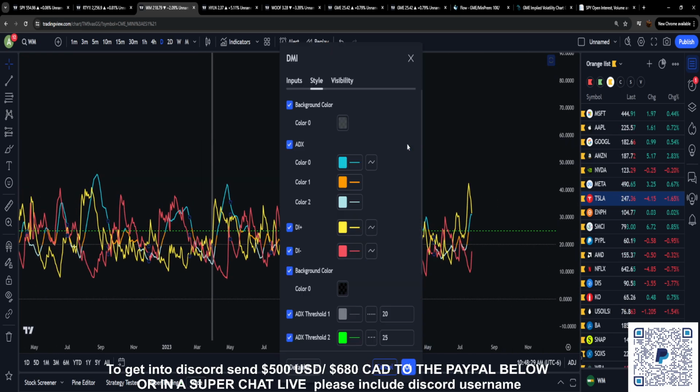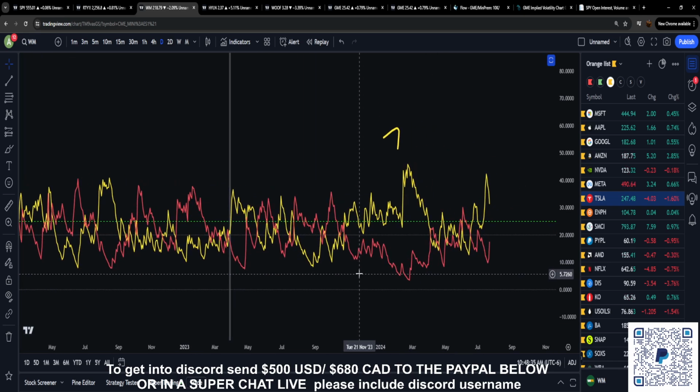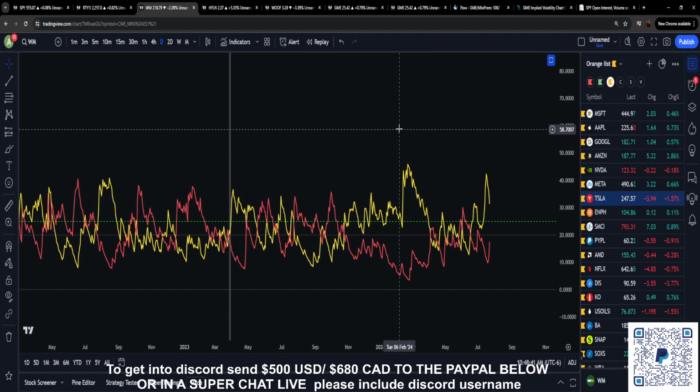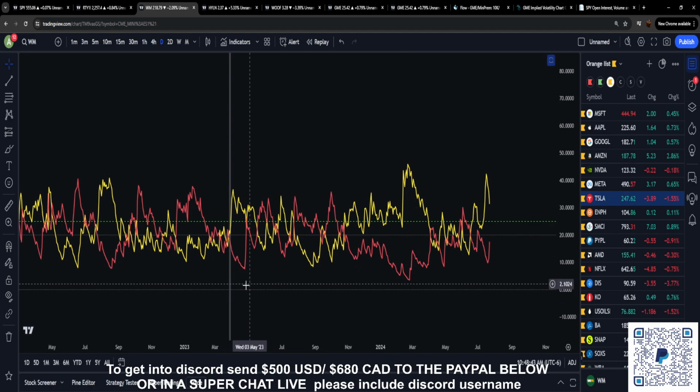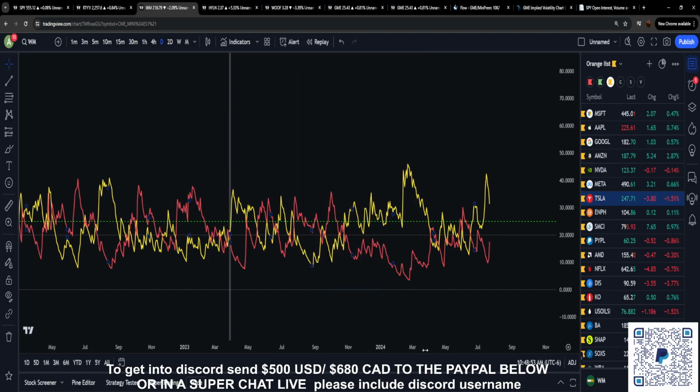I'm going to hide the ADX for now, and we'll throw this all together in just a minute. So, now on your screens, you see a red negative DMI, and you see a yellow positive DMI. That's how I've color coordinated my stuff. So, positive DMI, negative DMI.